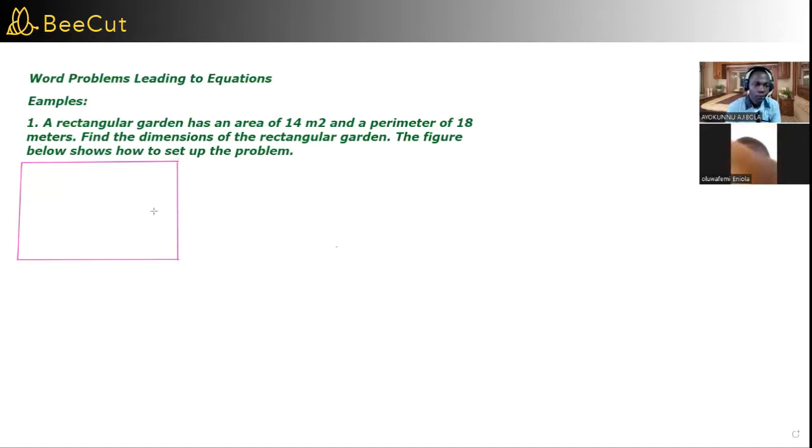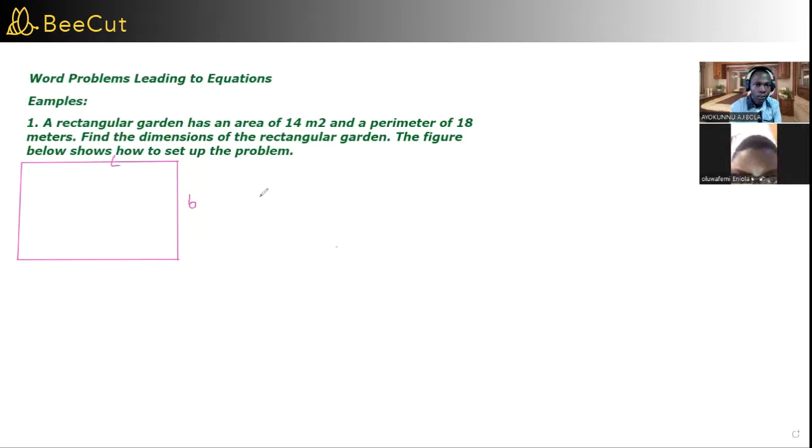So the area, for a rectangle, you know the formula for finding your area is length times breadth, or length times width. So this is the length, this is the breadth.